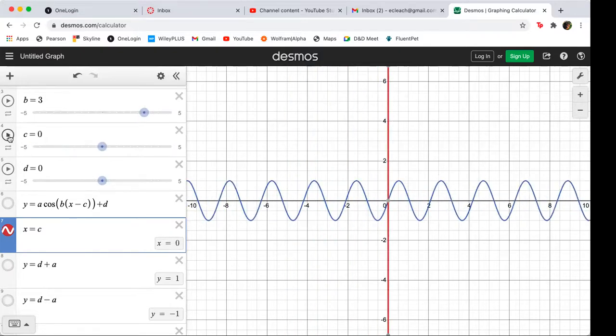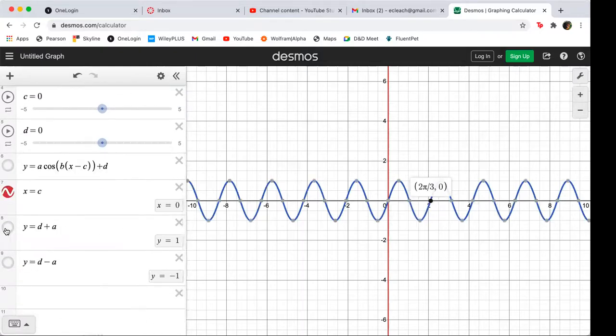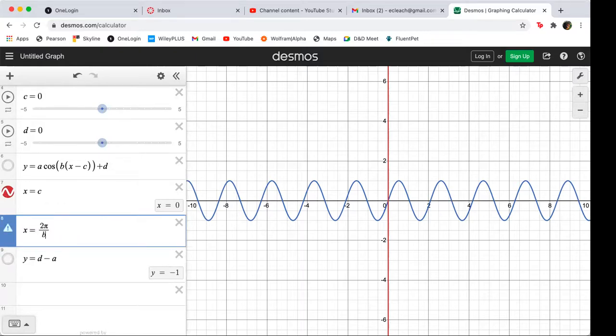So the starting point is at the middle going up. Now, if we think about the end of the period, the end of one cycle will be at 2 pi divided by b. So I'm going to graph x equals 2 pi divided by b.